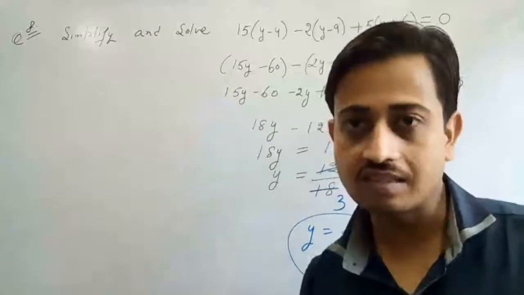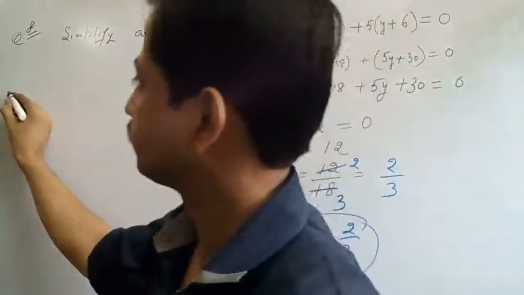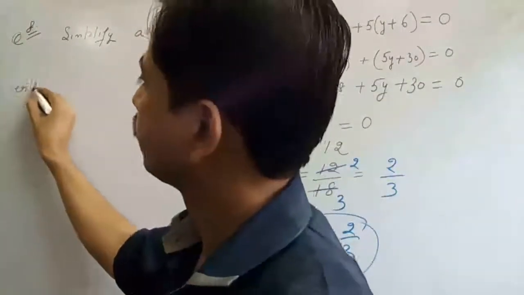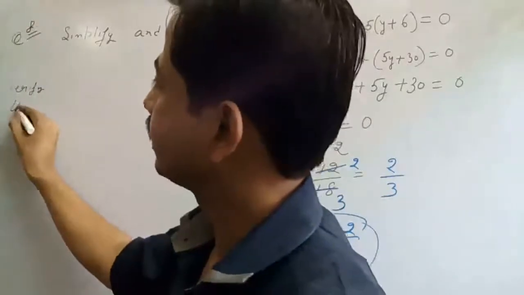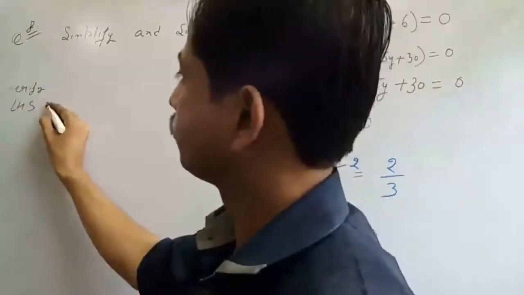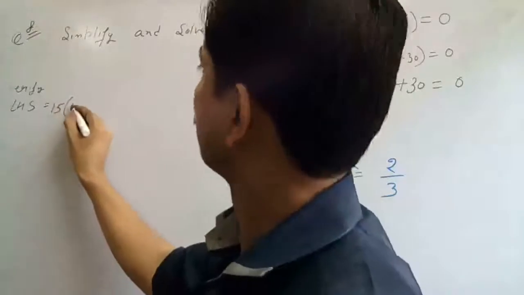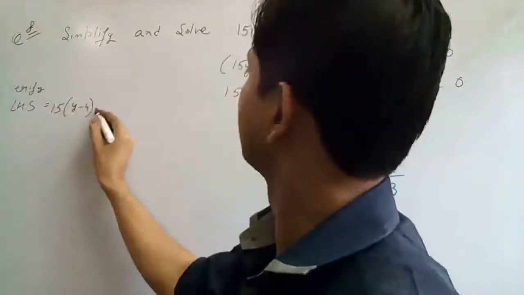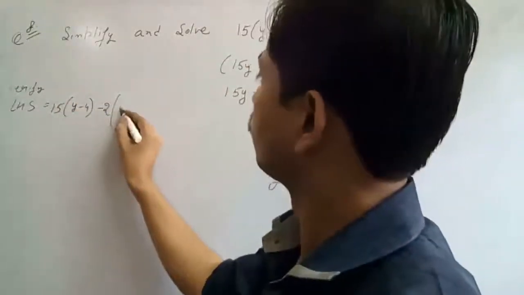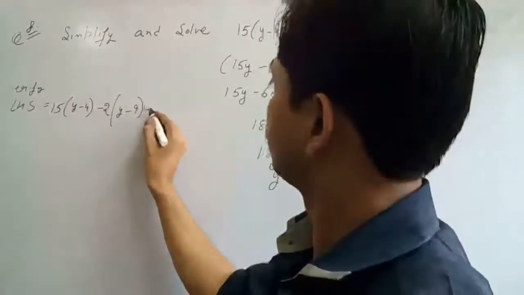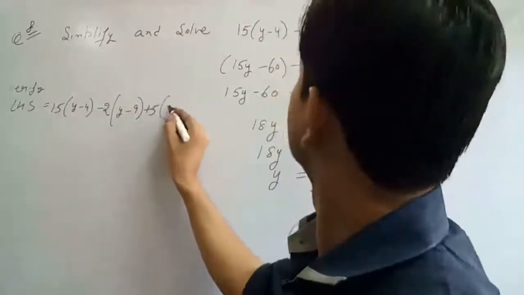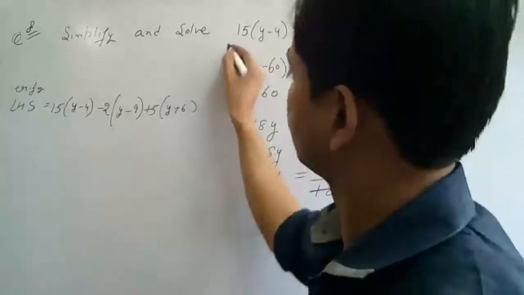Now we have to check the answer. Do verification. Our left hand side is what? 15y minus 4 minus 2y minus 9 plus 5y plus 6.